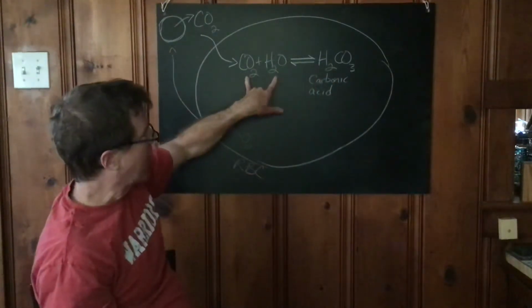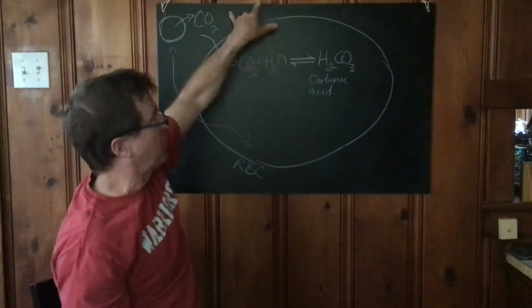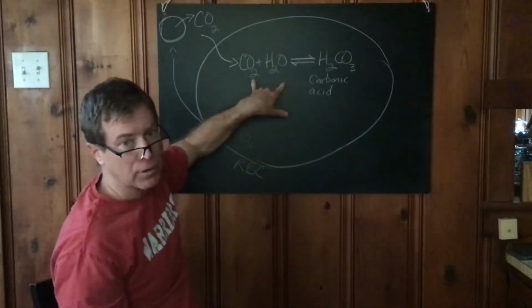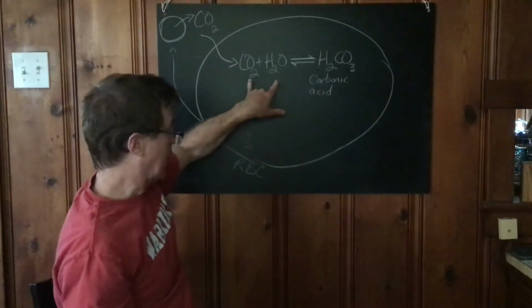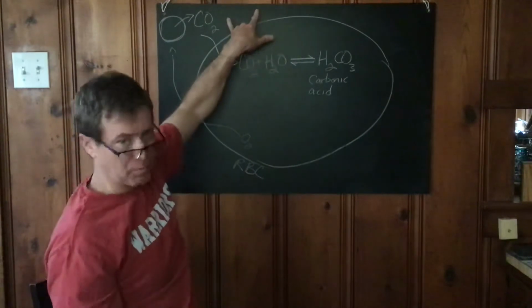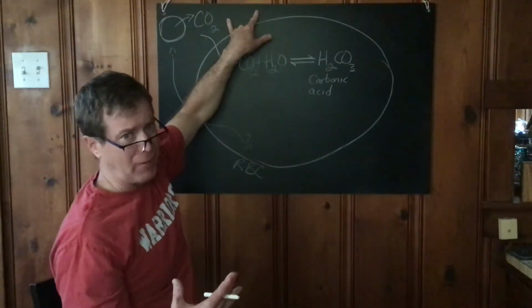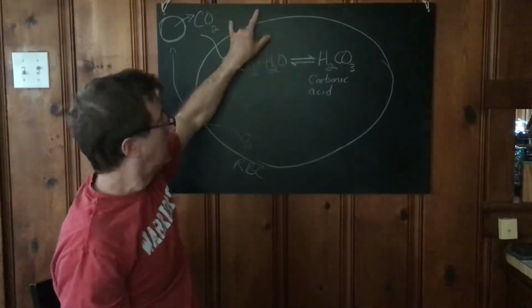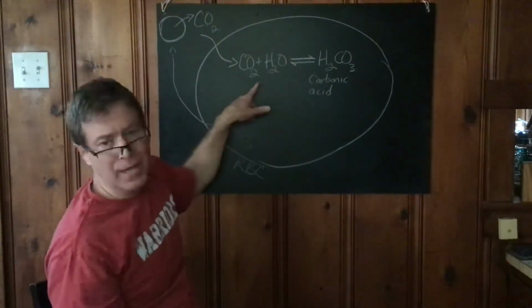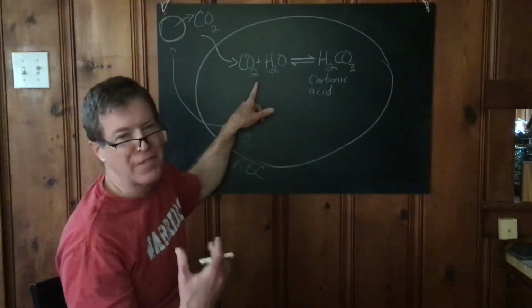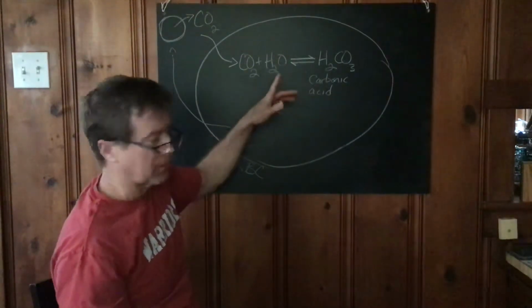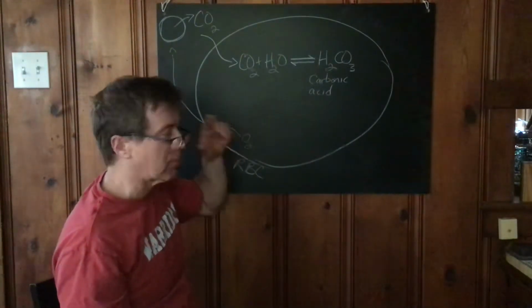Now this reaction can occur out here in the blood plasma. It doesn't have to occur inside of a red blood cell. And it actually does occur out here in the plasma, but at such a slow rate that it's not significant. It happens inside of a red blood cell about 5 to 50 times faster because of an enzyme that's present only in the red blood cell.